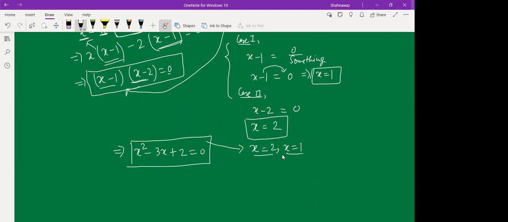I want to check whether my answer is right or wrong. So how will I check that these are the correct zeros? Can you tell me? I am saying that these are the zeros of this polynomial or equation, right? So how can I check that?